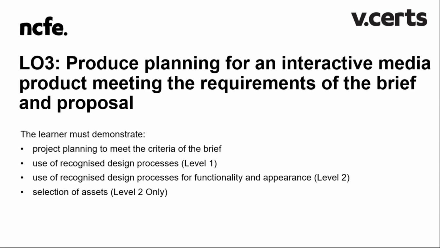And the selection of assets, and that is just a level 2 assessment point only. So we can see the difference between level 1 and level 2 with regard to the planning evidence required. At level 2, learners are required to evidence 3 areas, whilst level 1 are required to evidence just 2 areas.